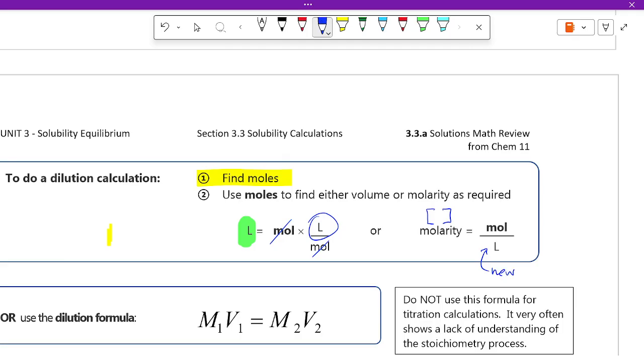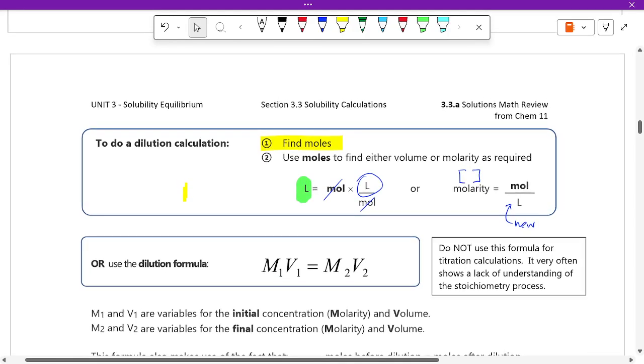Now let's say that this is too complicated for you. You're like, man, I just want a really simple formula. Well, welcome to M1V1 equals M2V2. What does M stand for? Molarity.